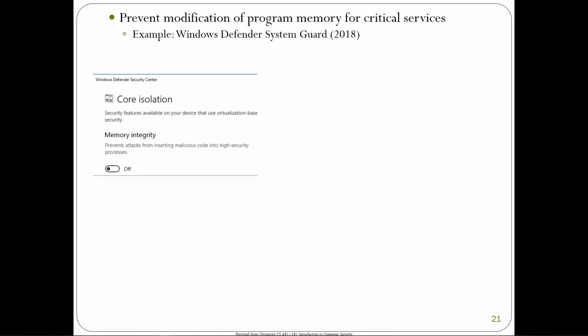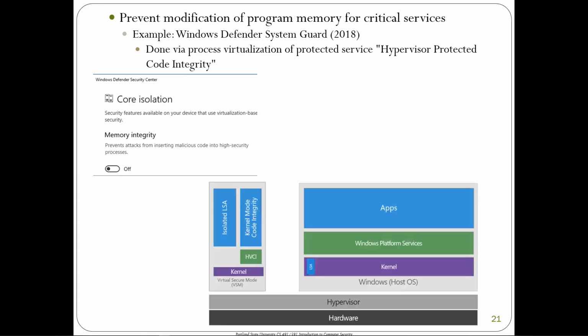They allowed you to turn on this memory integrity flag, which protects the process by virtualizing it. It allows this process to run in its own little virtual machine, and that prevents other processes from accessing and modifying the memory of that process.